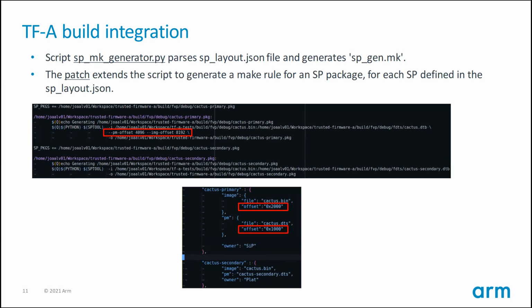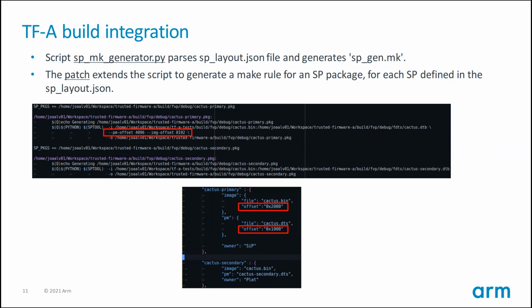So it would parse this file, generate all the artifacts, and build everything specific to the SPs to be included in the final FIP binary.